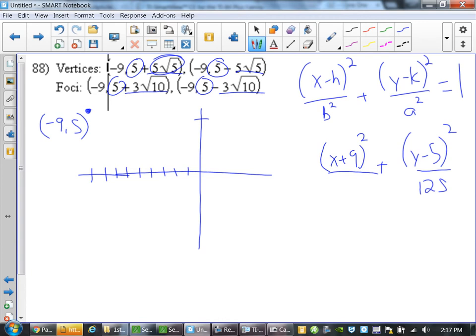I do the same thing with the 3 root 10. Well, 3 root 10 isn't going to get me my b value, is it? No, but by doing that a value, I've also picked out another possibility in the multiple choice without having to go much further. You might be able to pick out that only one of them has 125 for an a squared. You see what I'm getting at, you guys?